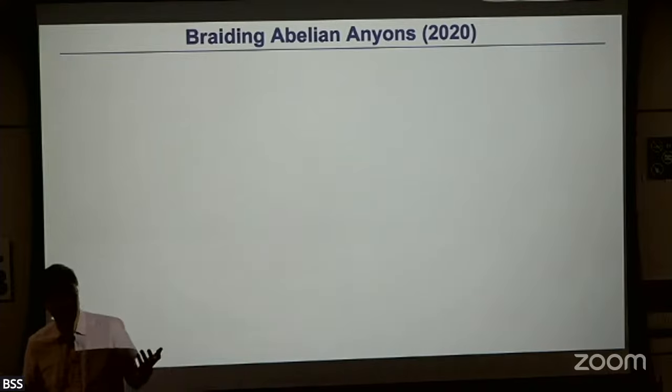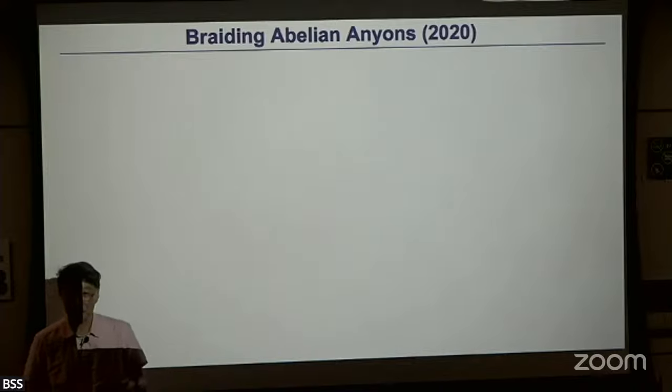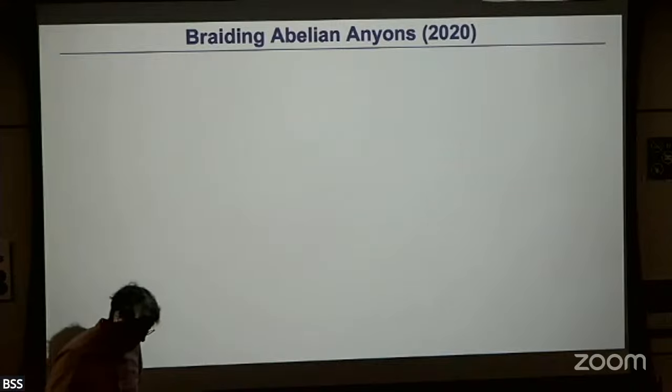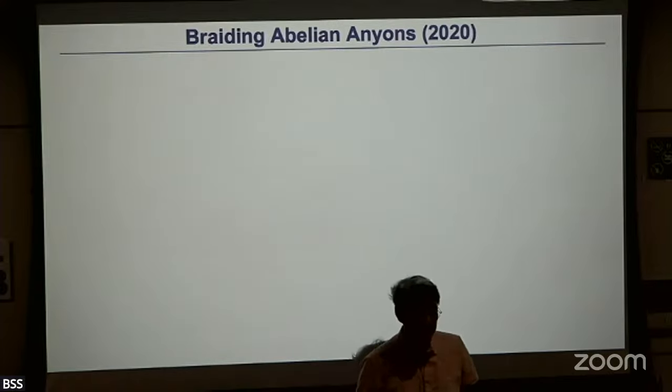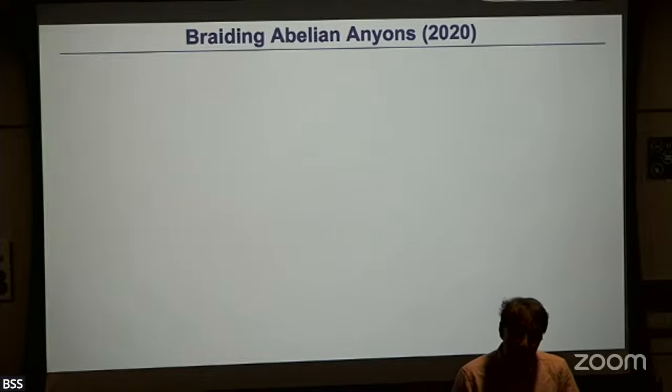Now, you may ask why it takes such a long time, right? It's not simply because the experimentalists are lazy. These experimentalists I just introduced are really first-class experimentalists with a lot of creative ideas. The problem is controlling the so-called decoupling between the edge state and the bulk.